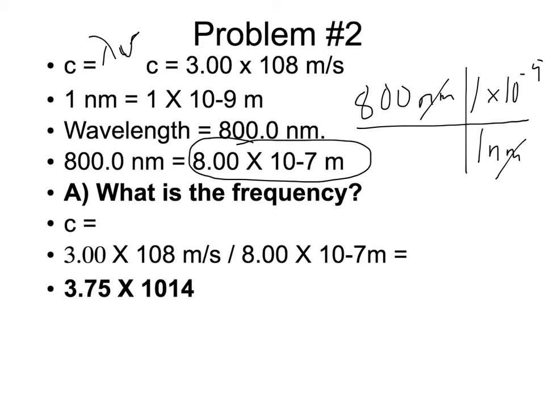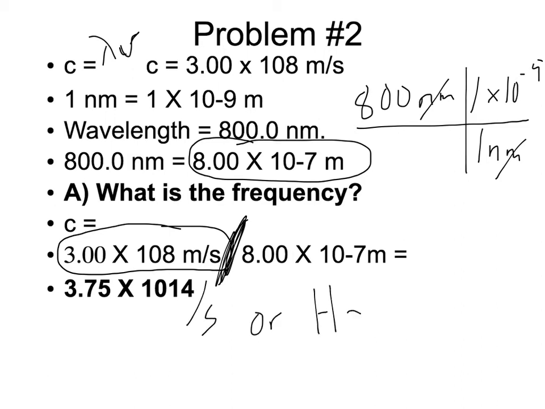So you're going to take the speed of light, which is 3.00 times 10 to the 8th, and divide by 8.00 times 10 to the negative 7, and that's going to get you a frequency of 3.75 times 10 to the 14th per second, or hertz.